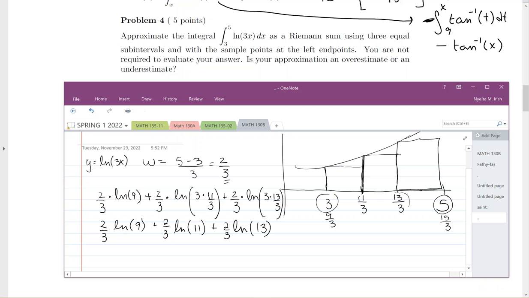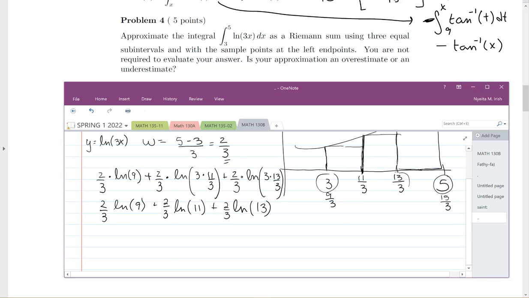Now, if this had been a right Riemann, then you don't start with the first number, you start with the second number and end on the last one. So remember, you're connecting up the right sides.